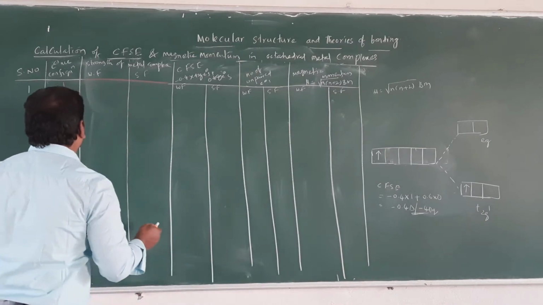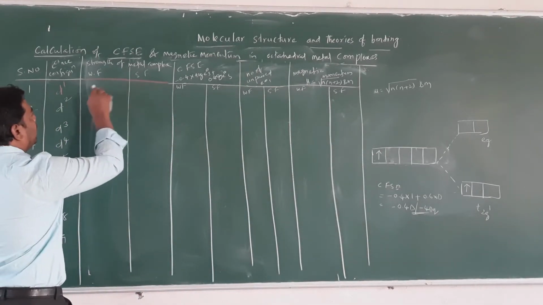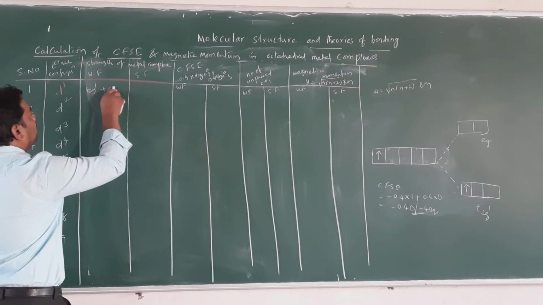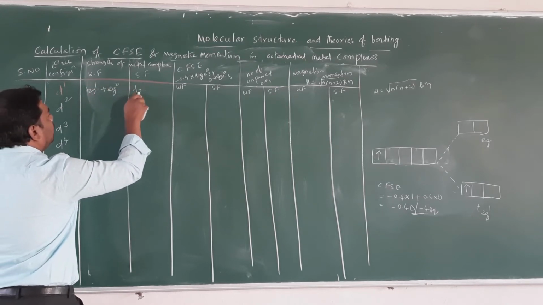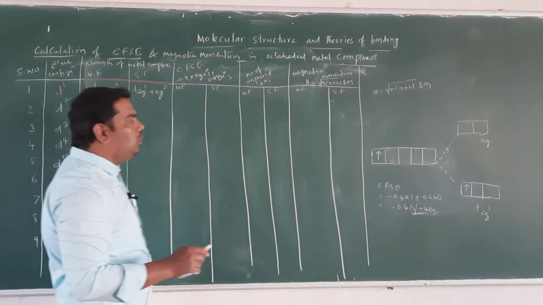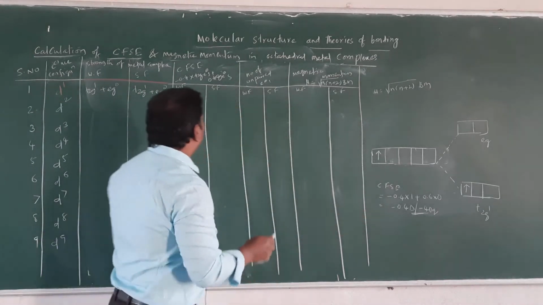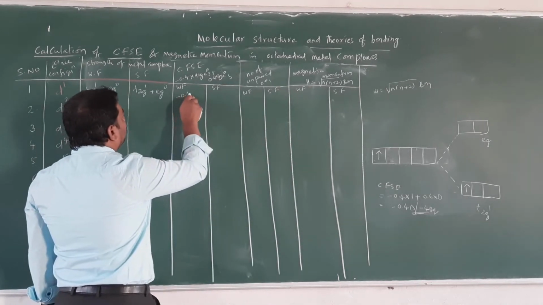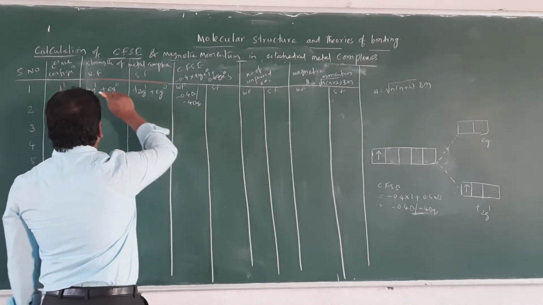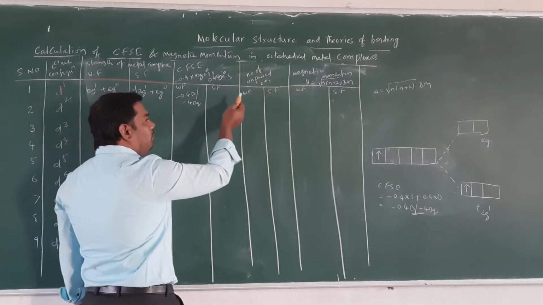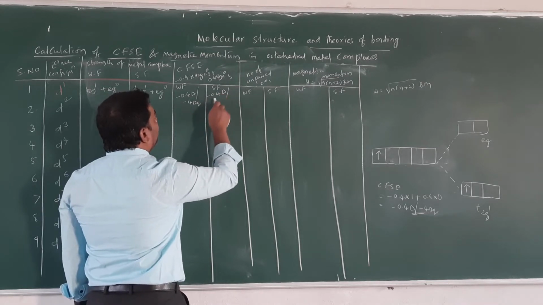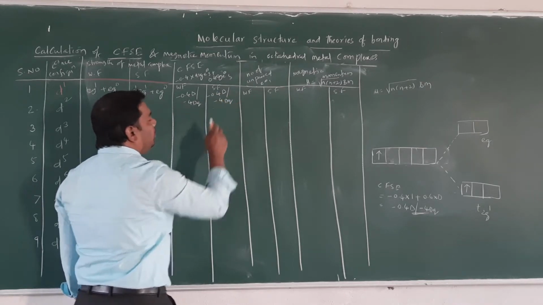So the configuration for both weak field and strong field is t2g1 eg0. The CFSE value is minus 0.4 delta or minus 4 Dq, the same for weak field and strong field.